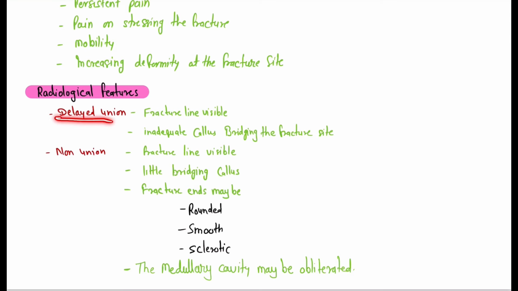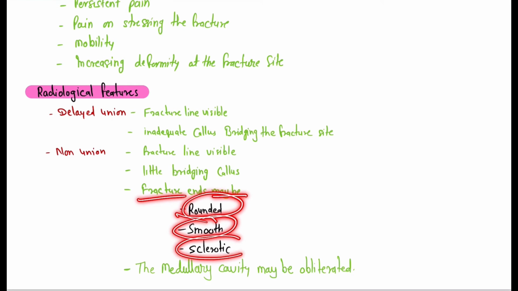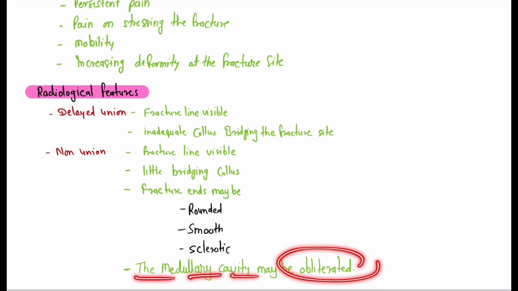So in delayed union, we have the fracture line visible and inadequate callus bridging the fracture site. That is an important point. In non-union, we also have the fracture line visible. A little bridging callus can be present, and fracture ends may be rounded, smooth, or sclerotic. And the medullary cavity may be obliterated.